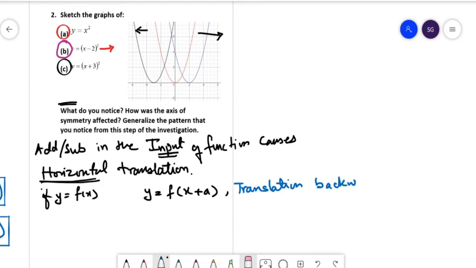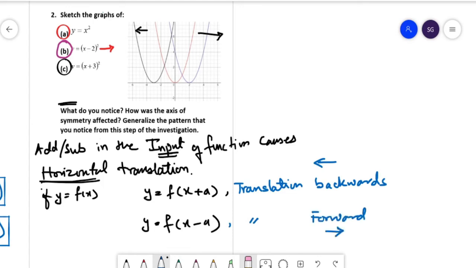That's the opposite way of remembering. If you're adding some number, you are translating it backwards or to the left. Similarly, if you have y is equal to f of (x minus a), then you are doing the translation in the forwards direction.